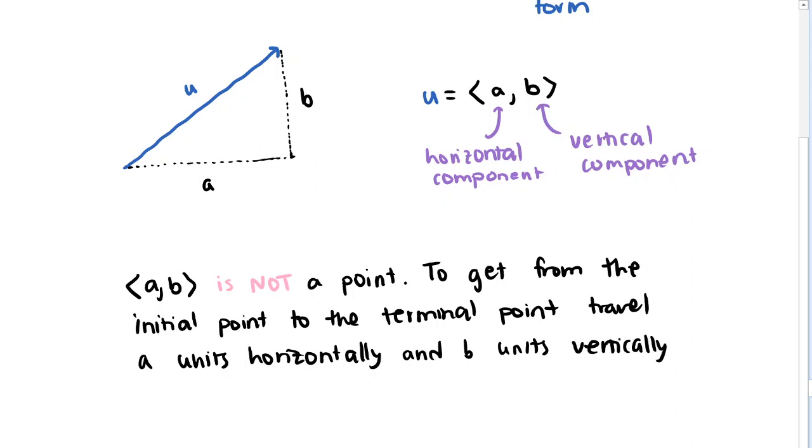Right, so it's not really fixed to any particular position, it's just telling us how much we should move left or right, up and down, so that we're really describing the initial point and the terminal point of our vector.